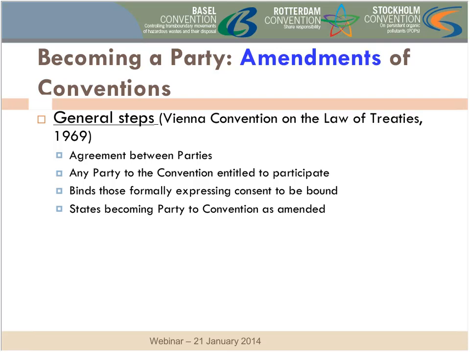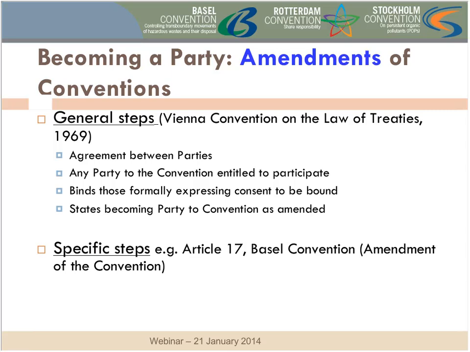And the amendment would bind those parties who formally express consent to be bound. States becoming party to the convention after entry into force of an amendment would be bound unless they express a different intention when they become a party. And then we have these specific steps which are set out in Article 17 of the Basel Convention in terms of the ban amendment.